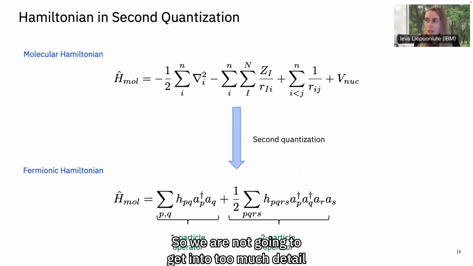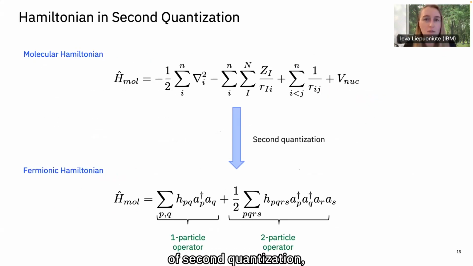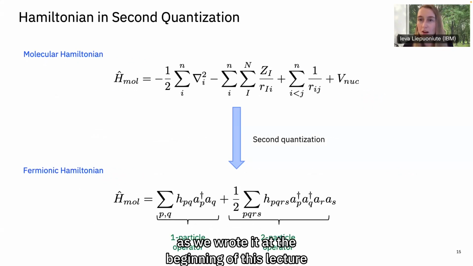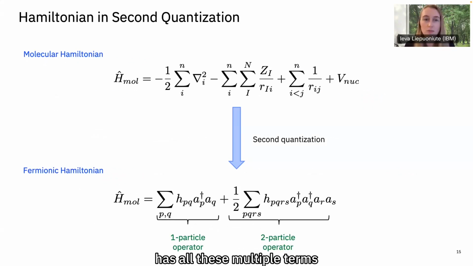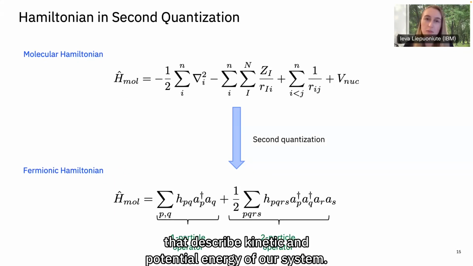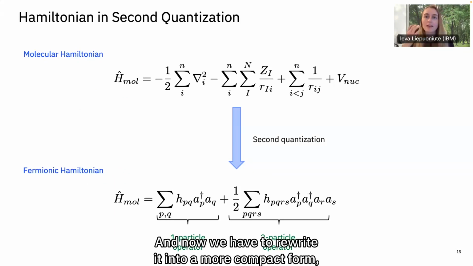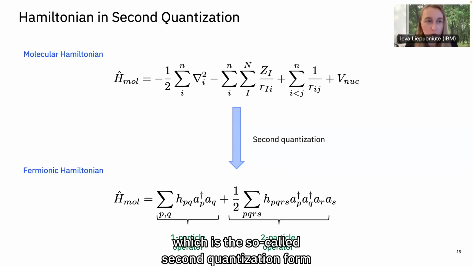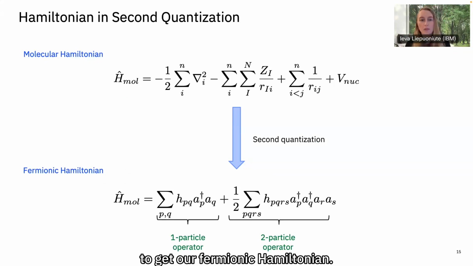So we're not going to get into too much detail of second quantization, but what's really important to note here is that our molecular Hamiltonian, as we wrote it at the beginning of this lecture, has all these multiple terms that describe kinetic and potential energy of our system. And now we have to rewrite it into a more compact form, which is the so-called second quantization form, to get our fermionic Hamiltonian.